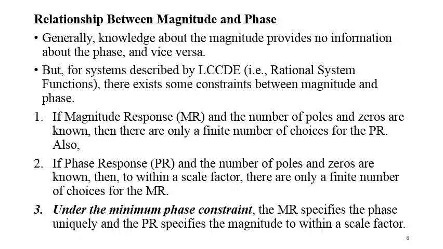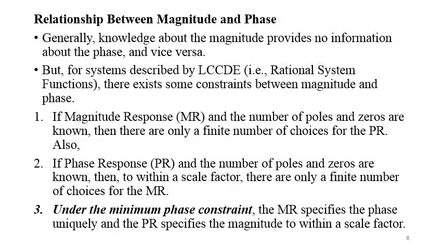But for a system described by a linear constant coefficient difference equation, that is, we are talking about the rational system function, which is one in which the numerator and denominator both consist of polynomials, right? If the magnitude response and the number of poles and zeros are known, then there are only a finite number of choices for the phase response.